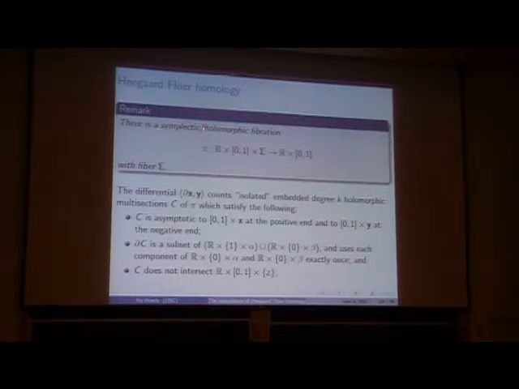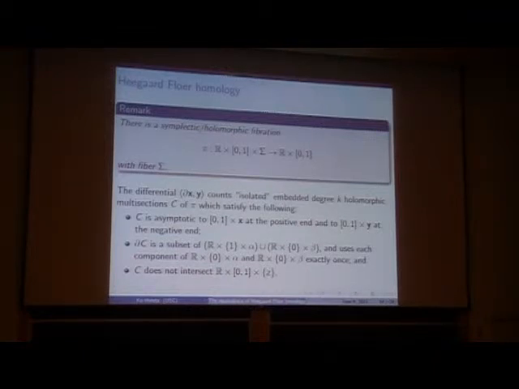There's a symplectic, holomorphic fibration of R cross [0,1] cross sigma over R cross [0,1]. This is really a little bit unpleasant, and it took me a while to understand what's going on. But this is the base.